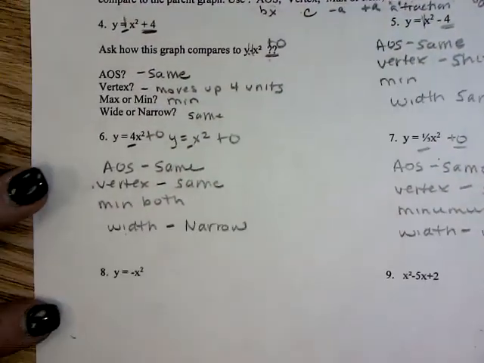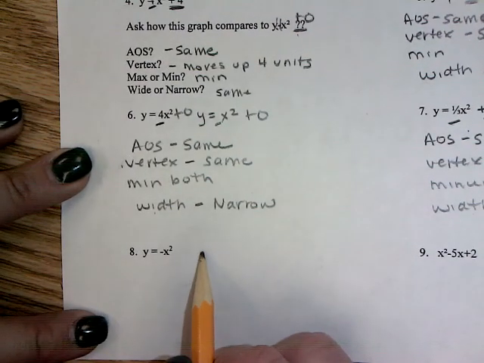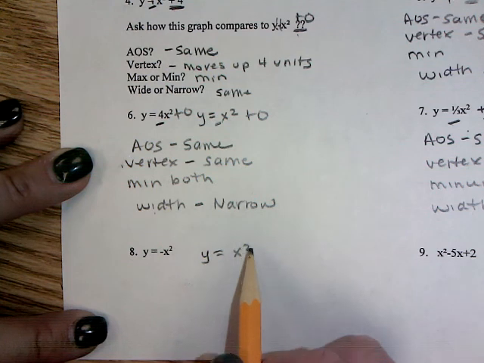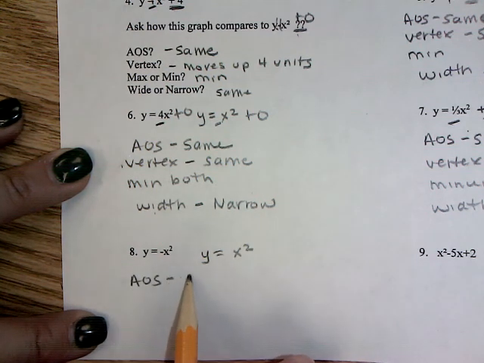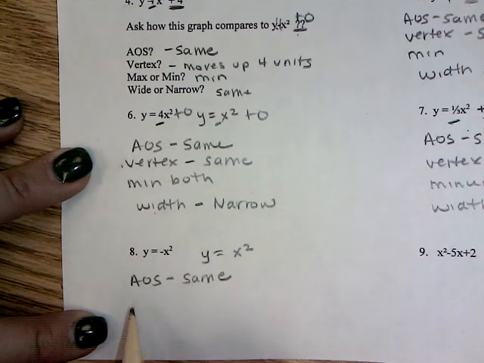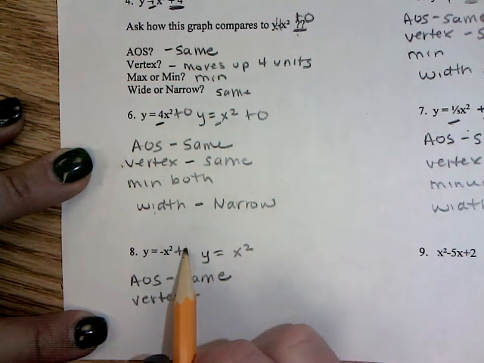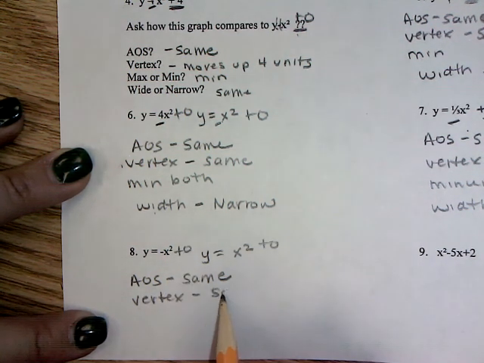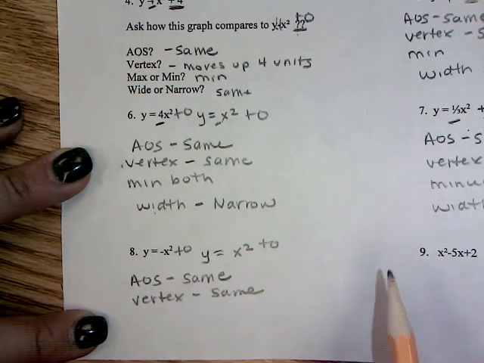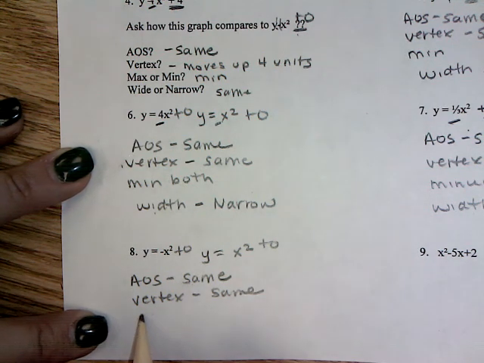All right, number 8. Number 8, we're comparing it to the graph here. So, again, no middle term. Axis of symmetry the same. The vertex, they're both adding 0, so it is the same. Now we're looking at whether it's a max or min.